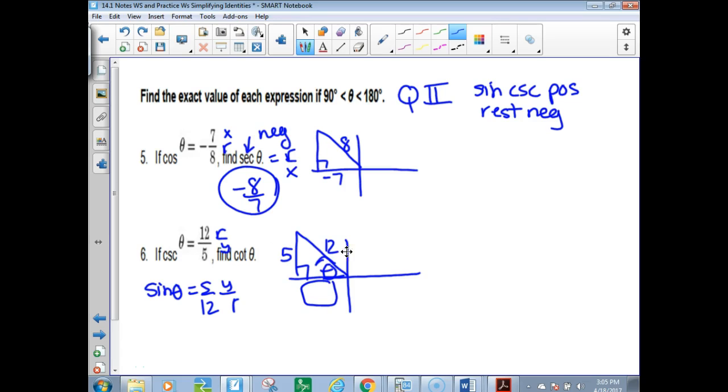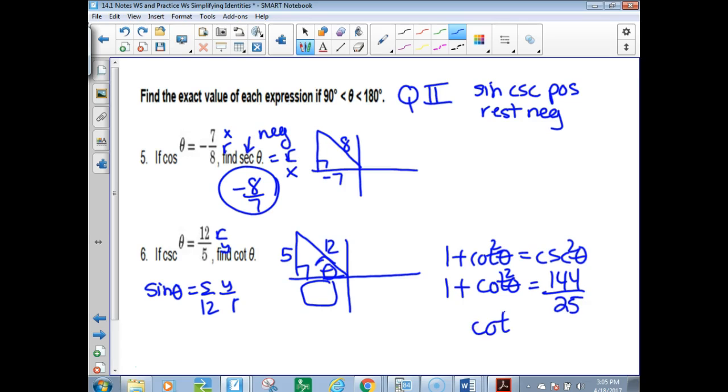So I might want to use 1 plus the cotangent squared theta is equal to the cosecant squared theta, that identity. Cotangent, I'm trying to find. Oopsie, I forgot to write squared on the cotangent. Cosecant squared would be 144 over 25.